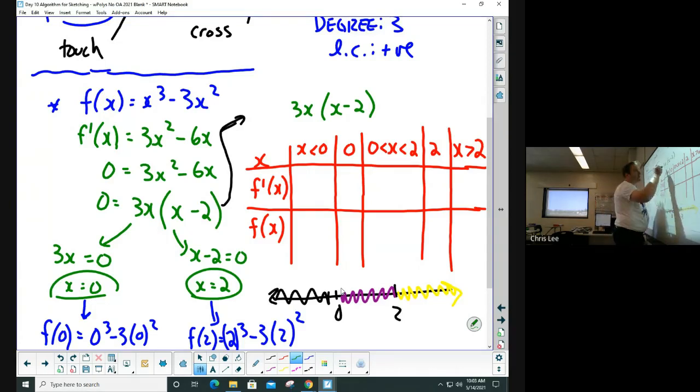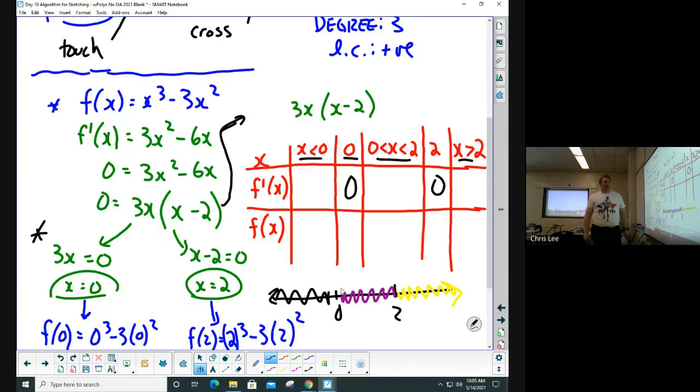So I'm always going to be looking at this when I plug in numbers in these intervals. Now, at the 0 spot, I know the derivative is 0, and at 2, the derivative is 0. Right? I already figured that part out from the critical values. So what I'm really interested in is what happens before the critical point when x is less than 0.